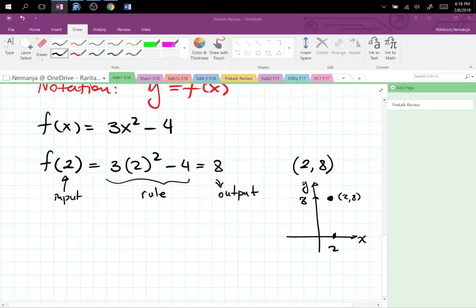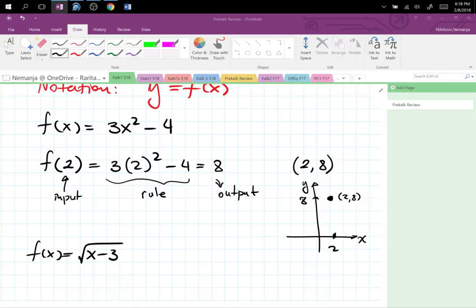Now, we also have certain functions where some numbers are not welcomed, which means the domain is not all real numbers. You can't pick anything you want. For instance, a function f of x equals square root of x minus 3. Right?